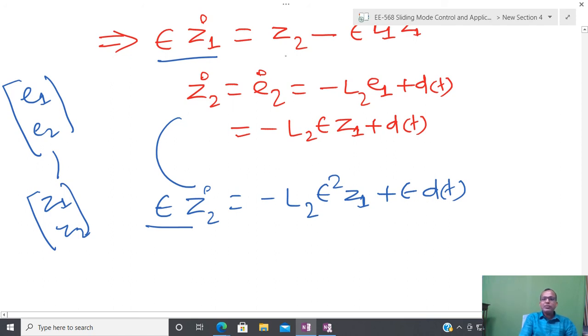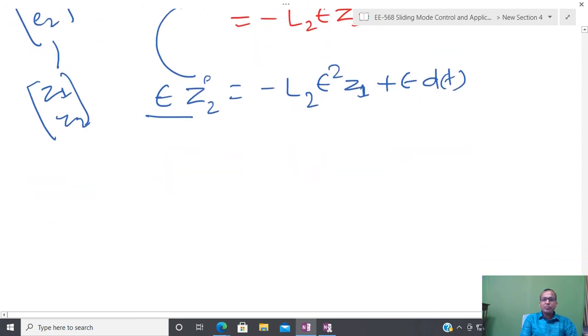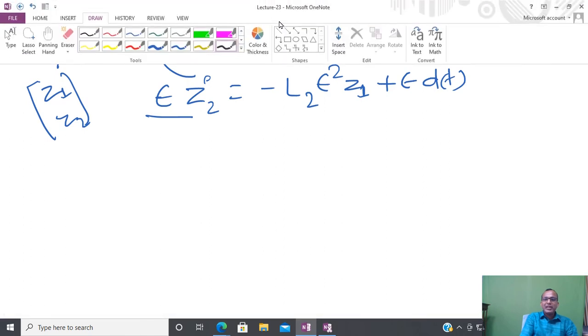Now from this equation and this equation, first what you can do, you can collect both equations together, then things become clear and you are able to think how to select.